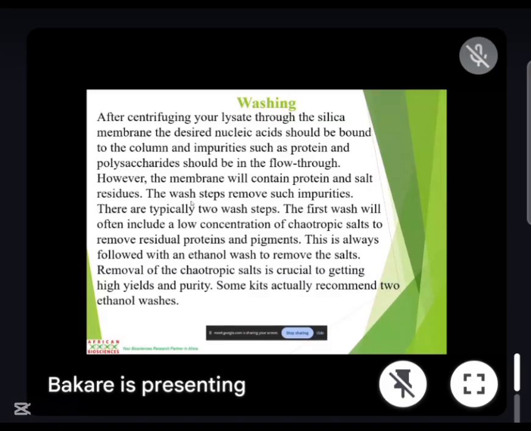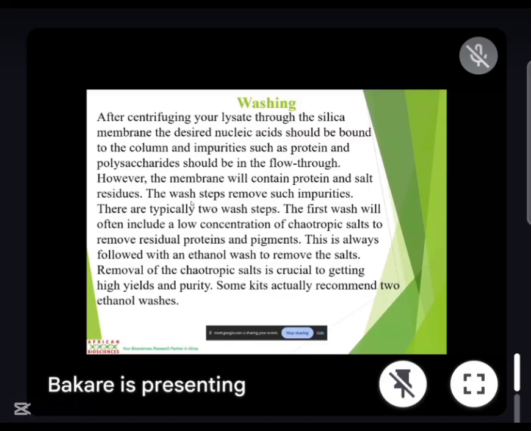So you wash twice and then you wash again. This is very critical. Sometimes when you're working with, let's say, animal tissue, it's advisable you wash twice, because with animal tissue, the DNA can act funny.